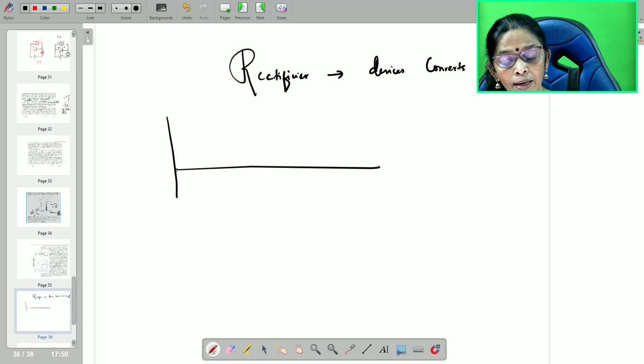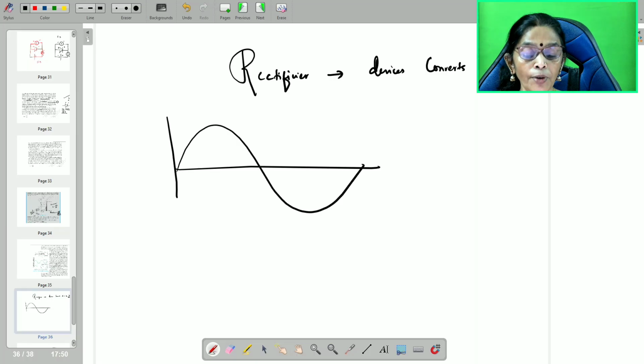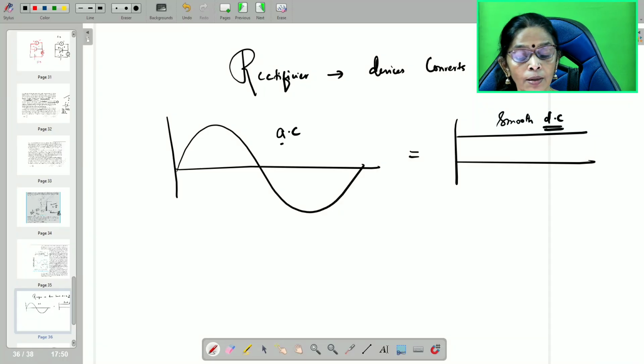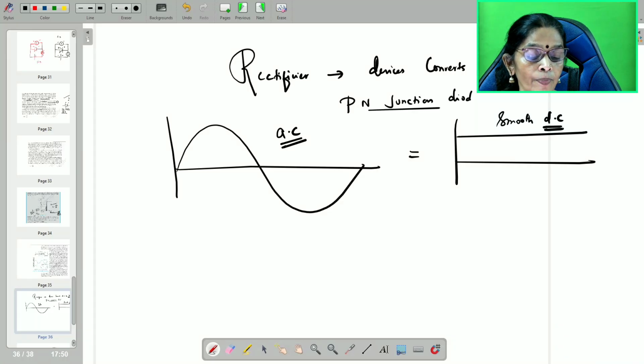This is alternating current. This alternating current I am going to bring as direct current, a smooth DC output. In order to get a smooth DC output, I am going to use a device called PN junction diode. So let us see how it is going to be used.